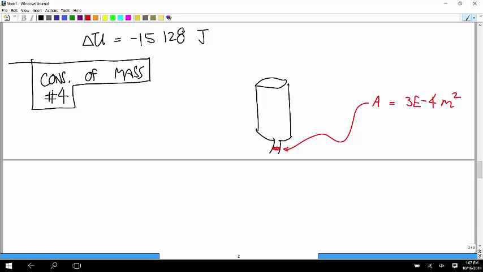And it's being drained, so we're talking about a velocity this way.